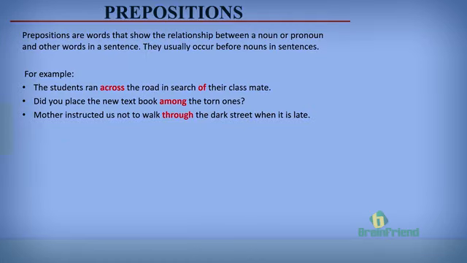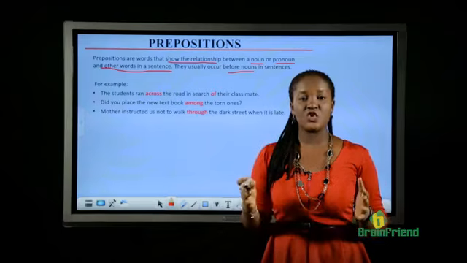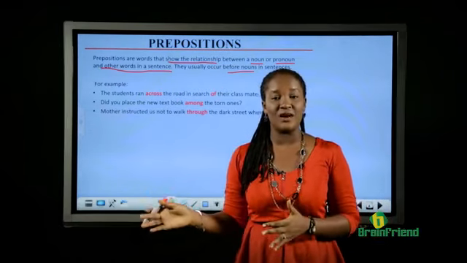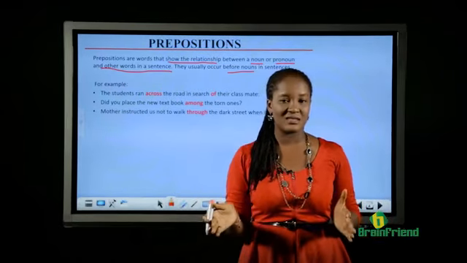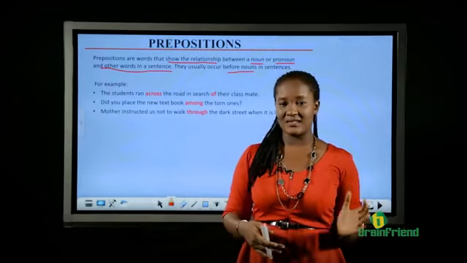What are prepositions? Prepositions are words that show the relationship between a noun or pronoun and other words in a sentence. They usually occur before nouns in sentences. They show how one word or one noun or pronoun relates to another word in a sentence.